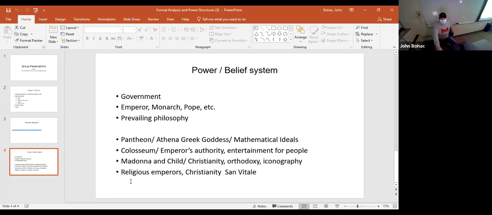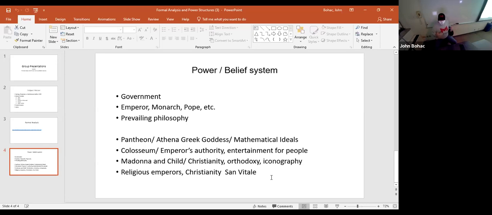And so sometimes it's hybrid, religious emperors. So like Constantine, like Justinian the Great, he was a religious emperor and he pushed Christianity. He reconquered much of the former Roman Empire, and along the way, he built churches like San Vitale in Ravenna.